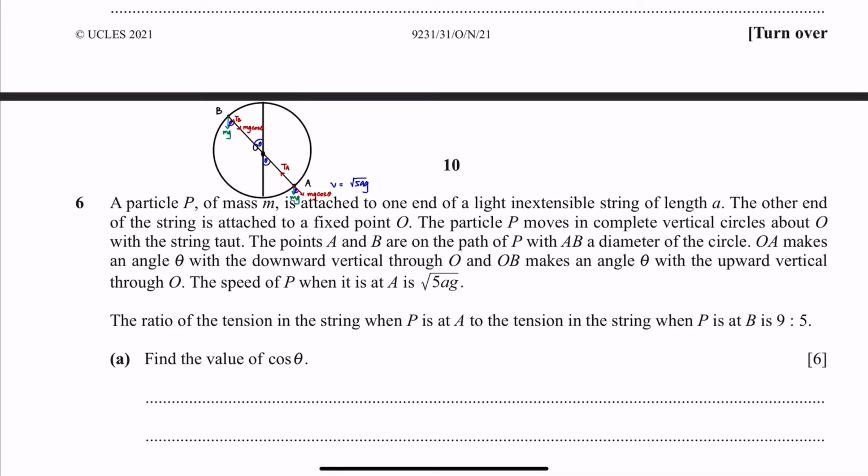So we need to find the value of cos theta. And how do we do it? First, we have the information about the speed at point A. So we can find the centripetal force using this information.